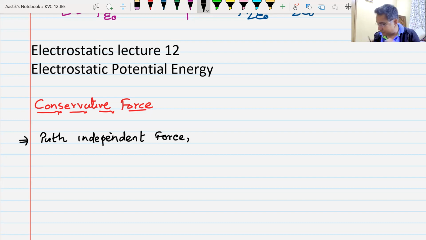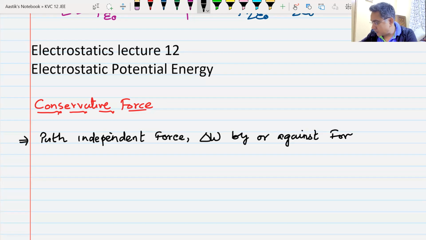Path independent force means the work done by this force, not any particle. Work done by this force or work done by something against this force.